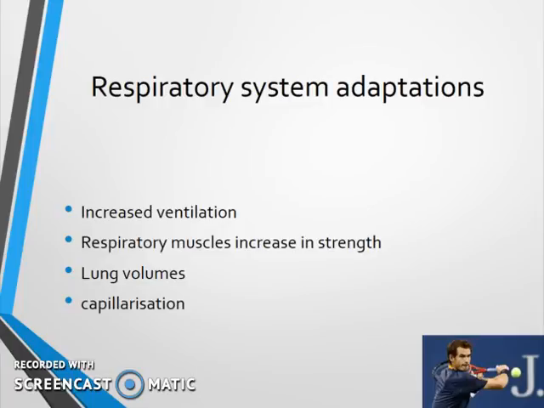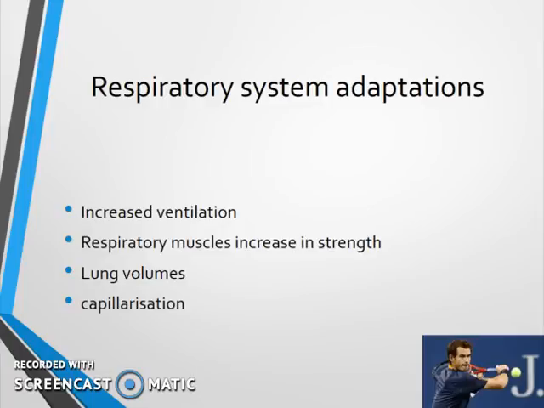So to get the oxygen to the muscles, we increase our breathing rate. Also, our breaths will become deeper, because we are taking in a lot more. Also, the amount of oxygen our lungs can hold increases when our respiratory muscles increase in strength.